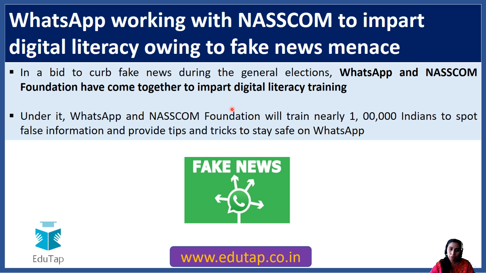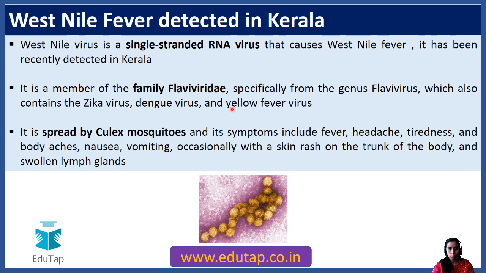So this is important. Keep in mind, NASSCOM Foundation is going to train Indians to spot false information. That means you'll be given tips and tricks through WhatsApp on how to know which news is fake and which is not. So authentic news and false information are to be distinguished through this particular initiative.